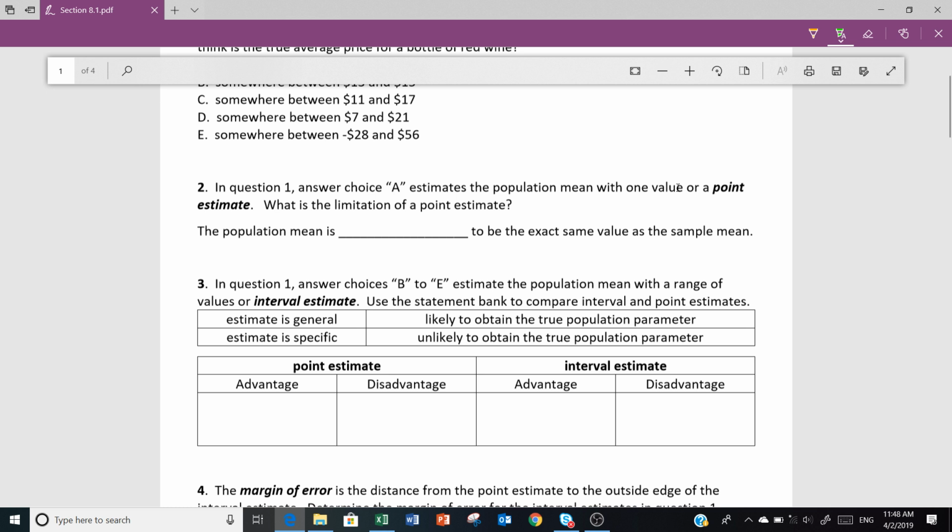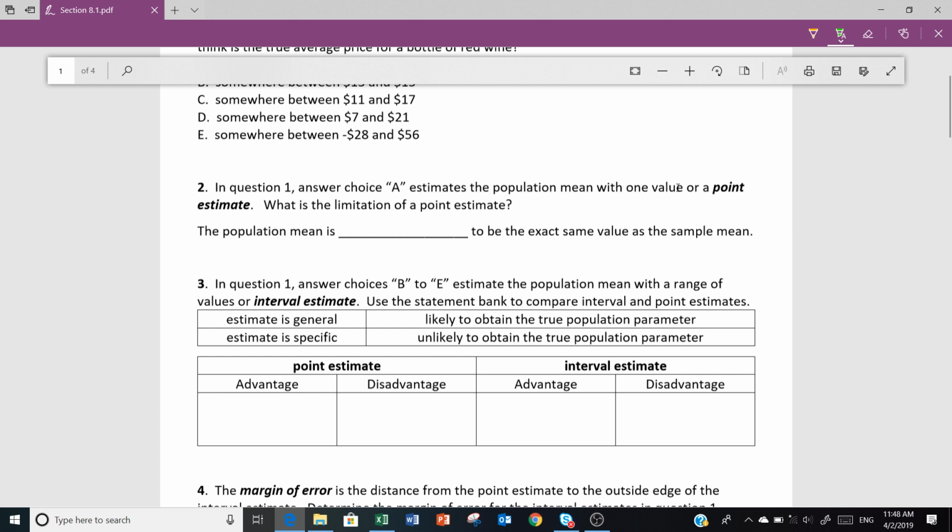36 is the sample size, right? 2.58 is the critical value, and then 3.5 is the standard error.